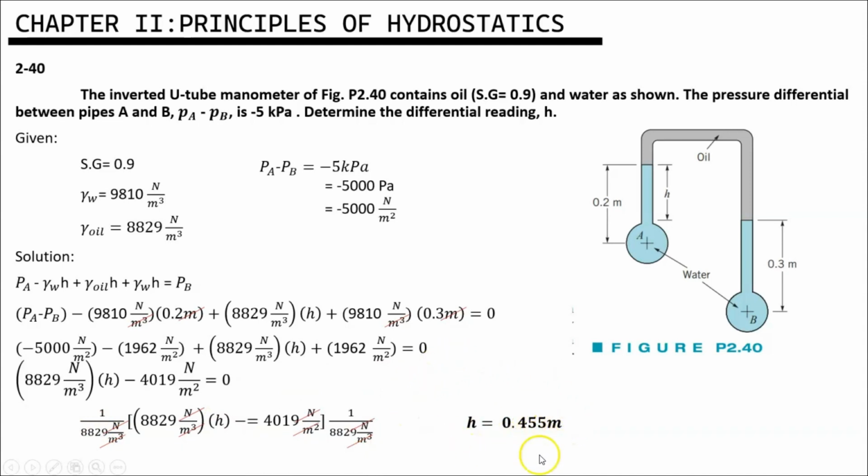So now we determined the differential reading H equals 0.455 meters. So we have the answer, which is H equals 0.455 meter.